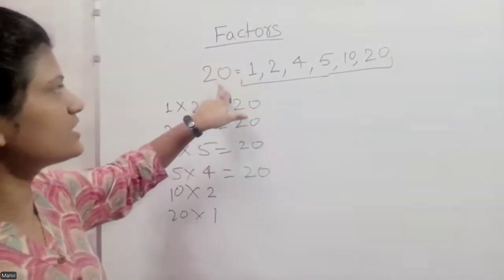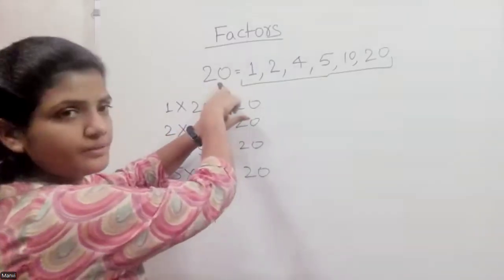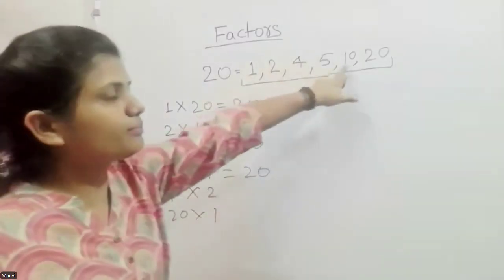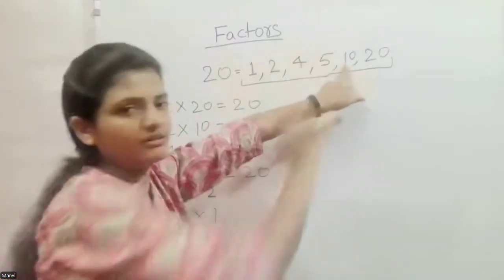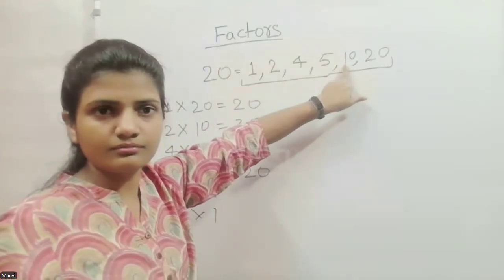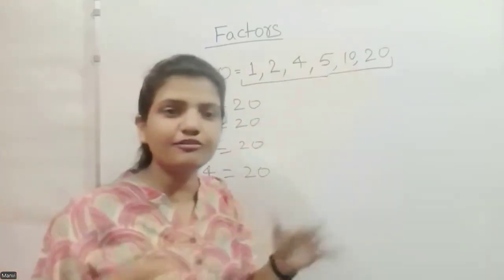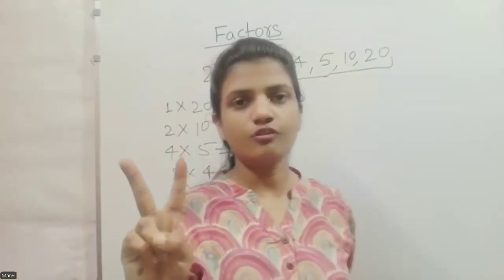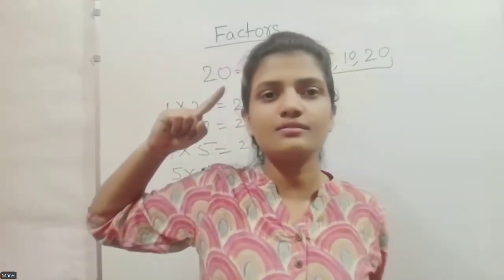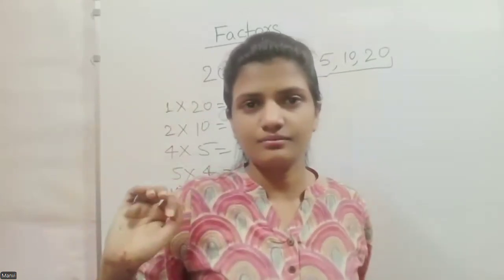Whenever we reach the half of the number, we need to stop then and there, because the next factor is the number itself. For every number, two factors are always possible: one is 1 and the second is the number itself.